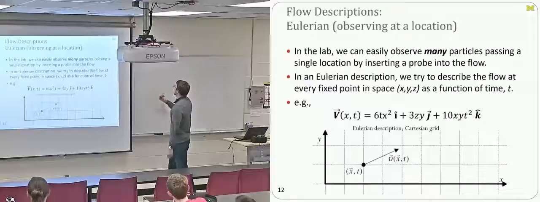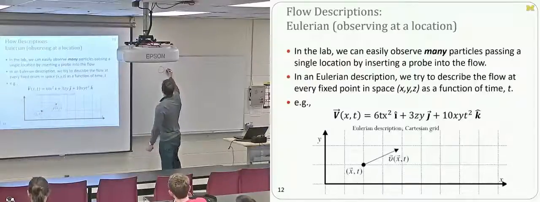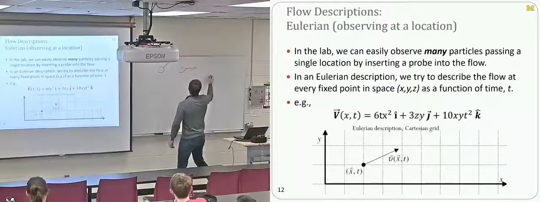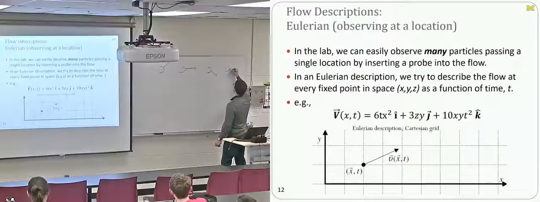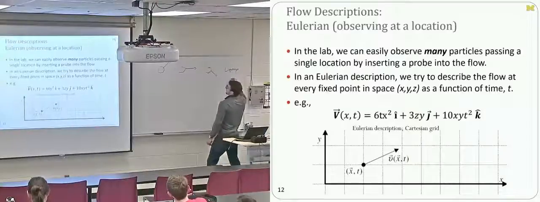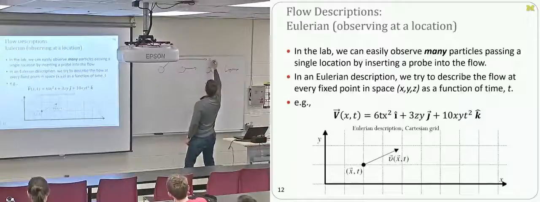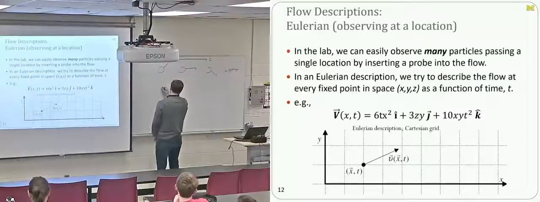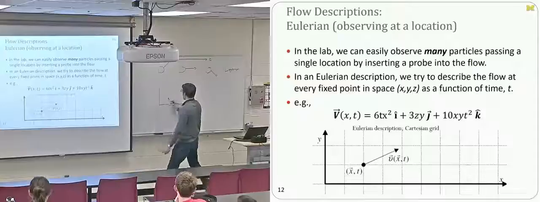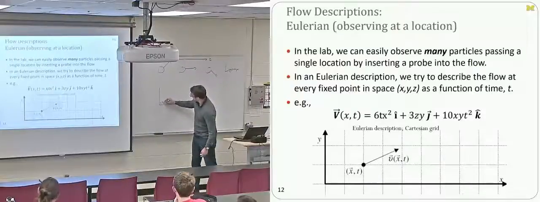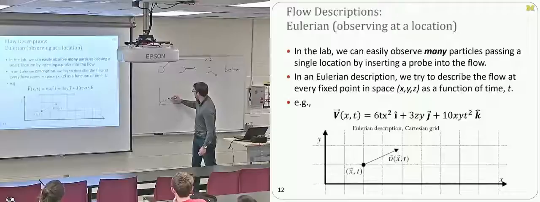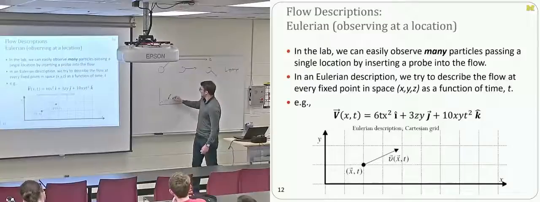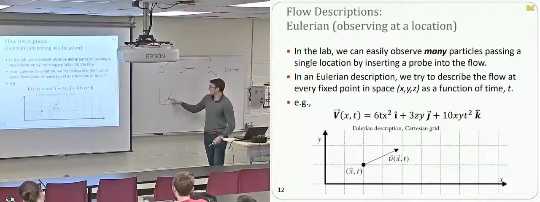So instead of saying here's a particle going this direction, and sometime later it's going this direction, which would be a Lagrangian description with time, for a Eulerian description you pick a point in space, and every particle that passes through it as time advances is going in this direction, so there ends up being a path of particles going from this point in this direction.